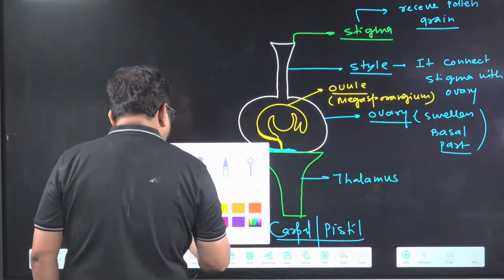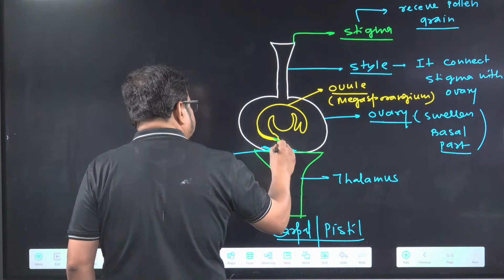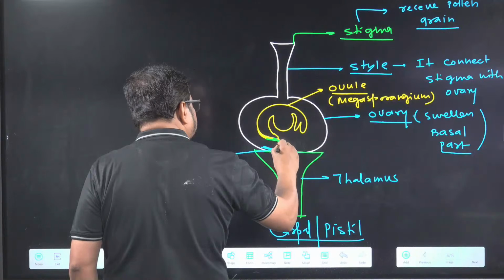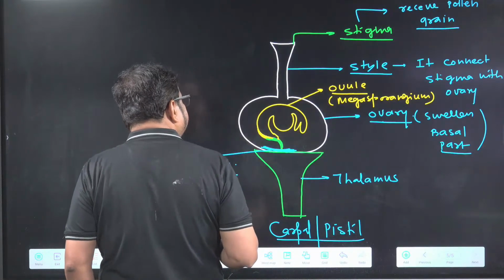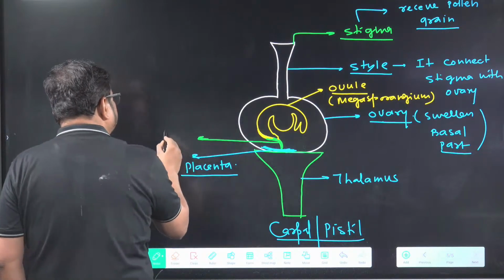And the stalk of the ovule, I am giving it a different color to help you understand better. This area is called the stalk of the ovule, which is basically the funicle.